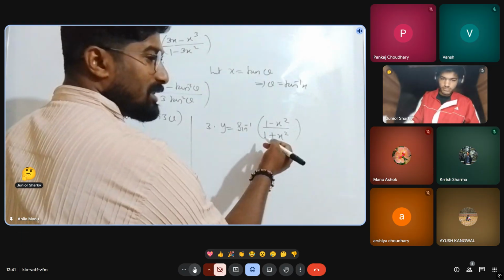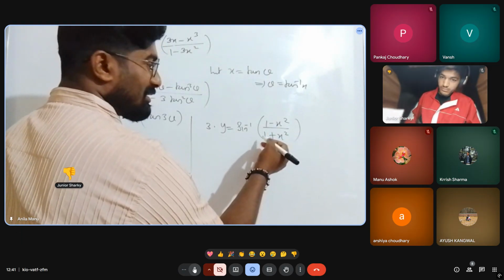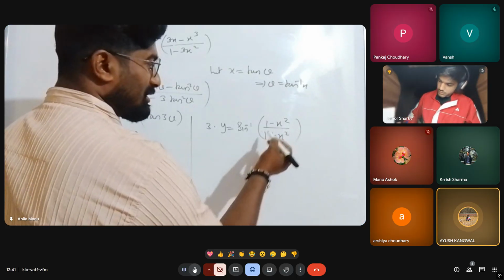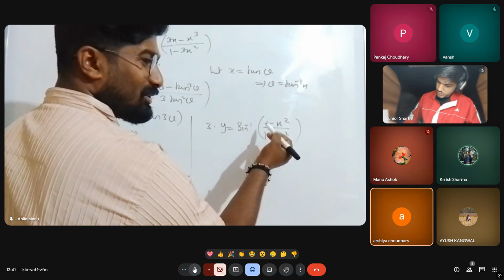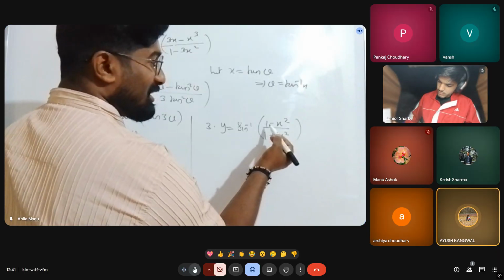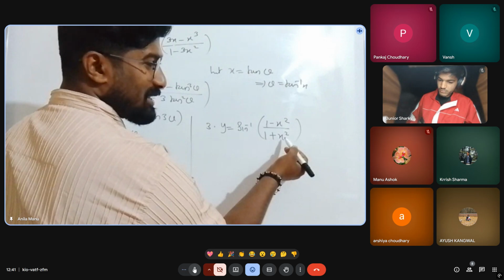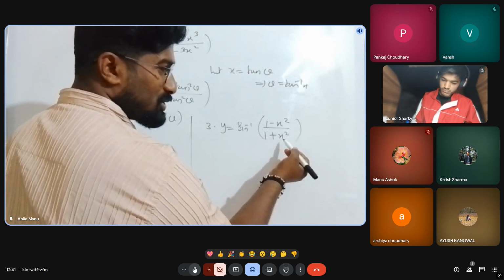Which property, which identity is this? Cos 2 theta. 1 minus tan square x divided by 1 plus tan square x, right? That is cos 2x.